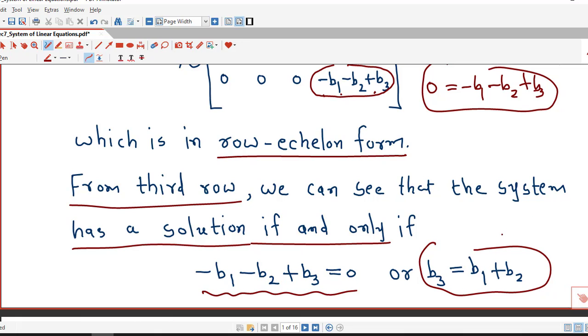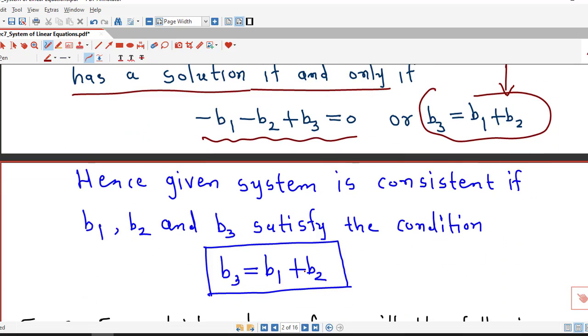So this is the condition on b1, b2 and b3 for which the given system has a solution. If this condition is satisfied by b1, b2 and b3, then only is the given system consistent. So hence the given system is consistent if b1, b2 and b3 satisfy the condition b3 equal to b1 plus b2.